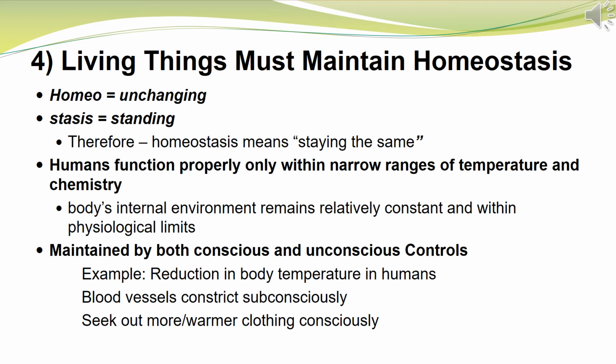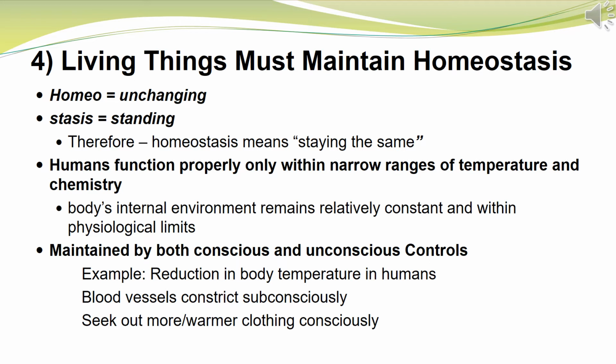Let's break down this word homeostasis. Homeo means unchanging in Latin, and stasis means standing in Latin. Therefore, when we put these together, homeostasis means staying the same. Humans and other organisms only function properly within narrow ranges of temperature and chemistry.